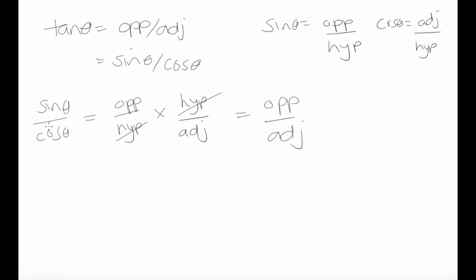So sine theta divided by cosine theta is equal to tan theta. That is a very, very important trigonometric identity that you should remember. The same way that we remember that sine theta is opposite over hypotenuse and cosine is adjacent over hypotenuse and tan is opposite over adjacent, you should always remember that sine theta divided by cosine theta is equal to tan theta.